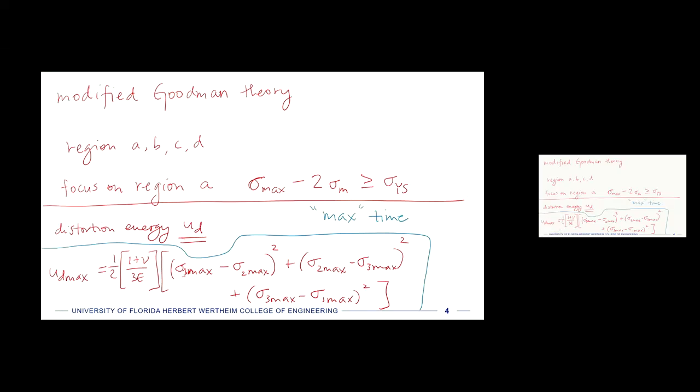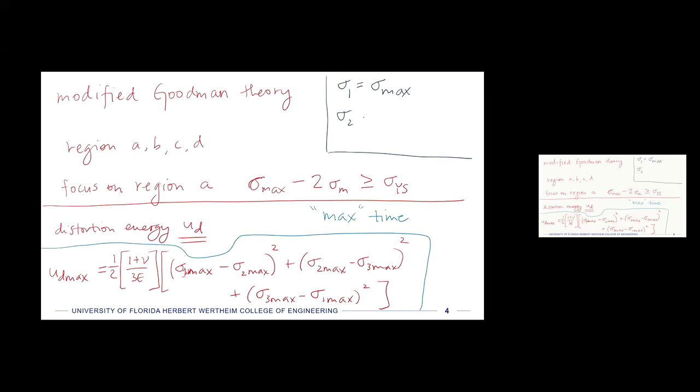Right, so I'm going to write up at the top here. For a uniaxial stress state, sigma 1 is the same thing as sigma max. And that's just F over A, or whatever the expression is for normal stress there.